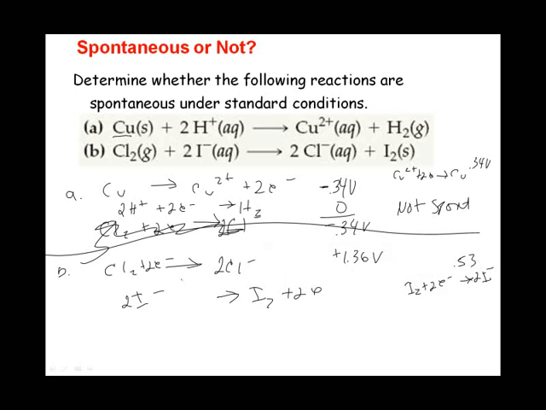But because we have it in the reverse here, I have to change the sign, so it's negative 0.53 volts. If I add those up, I get a positive value, something like 0.83 volts. So because E is positive, it will be spontaneous.